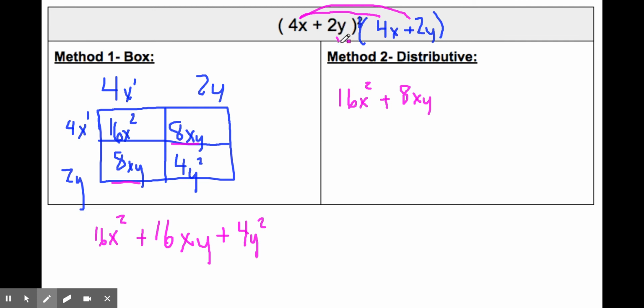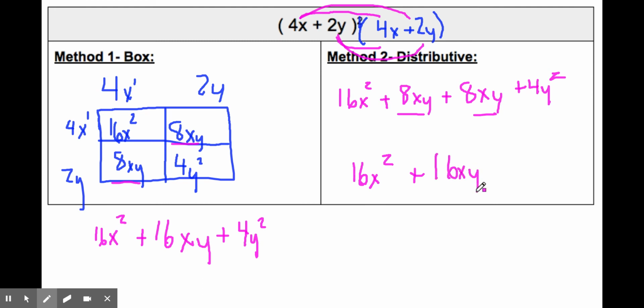Then I'm going to take the second term times the first one. 2y times 4x is again going to be 8xy. And 2y times 2y is going to be 4y squared. I can combine. I'm going to get 16x squared plus 16xy plus 4y squared.